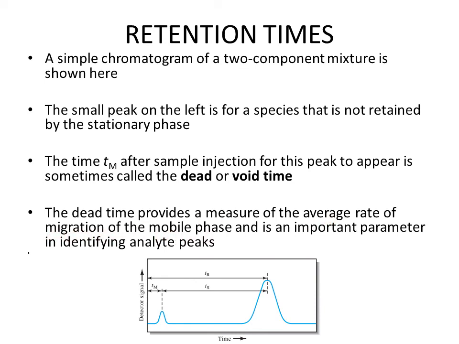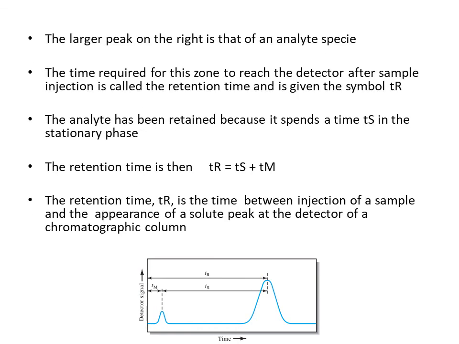As I mentioned, the dead time tells us in what time the mobile phase passes through the column, and it is an important parameter for the identification of analyte peaks. The second one, the larger peak on the right side, is that of the analyte species.